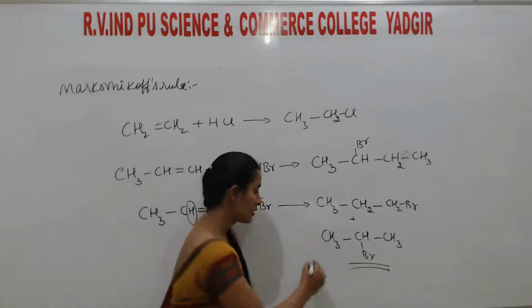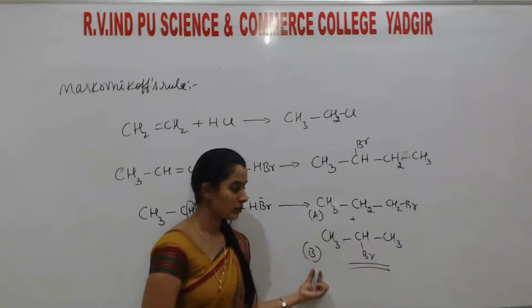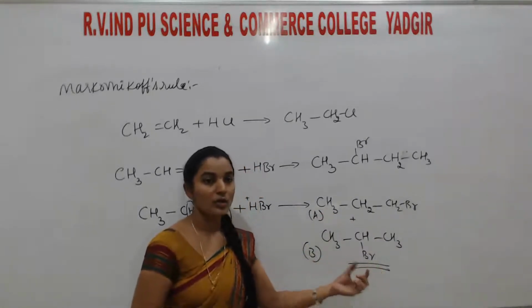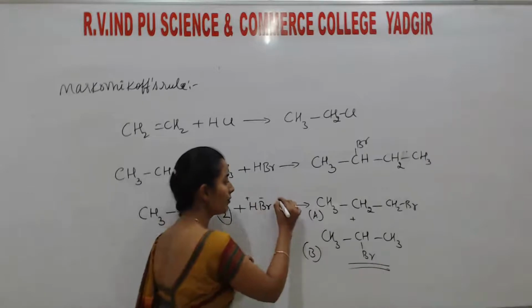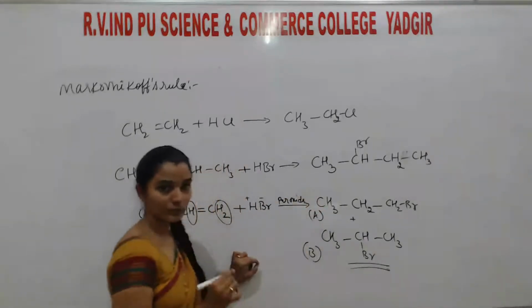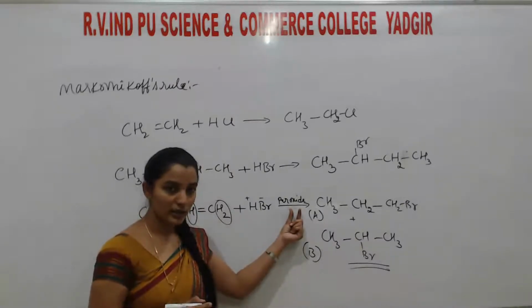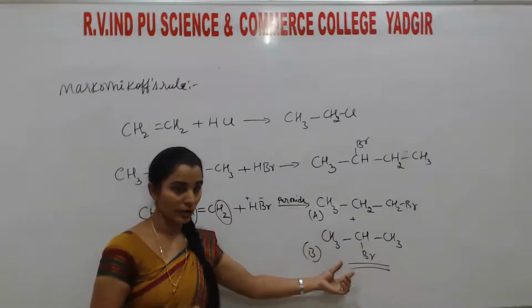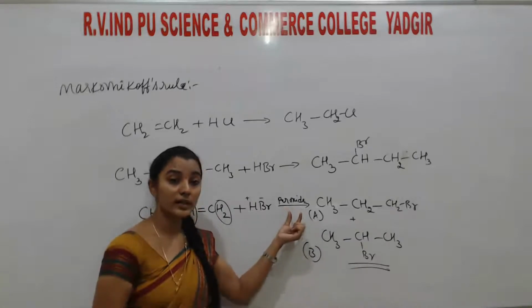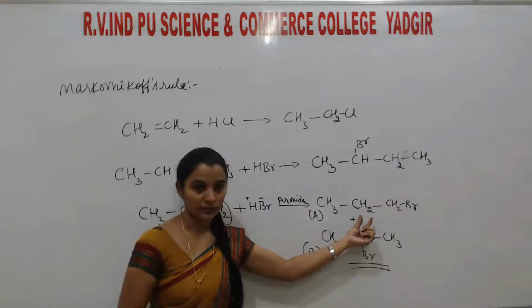This is product A, and this is product B. So product B is major. But listen students, if we use peroxide here as a catalyst: if there is no catalyst, then this is the major product; if we use peroxide as a catalyst, then A is the major product.